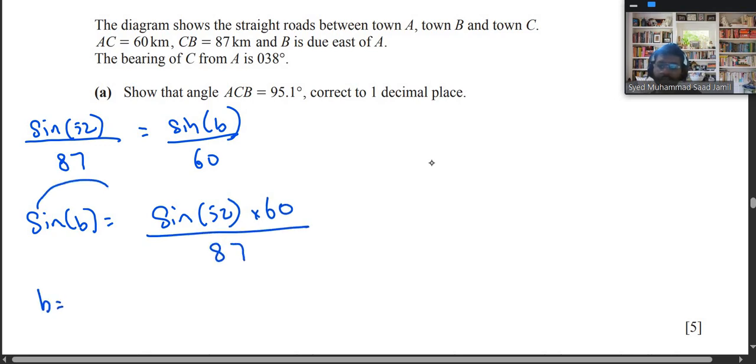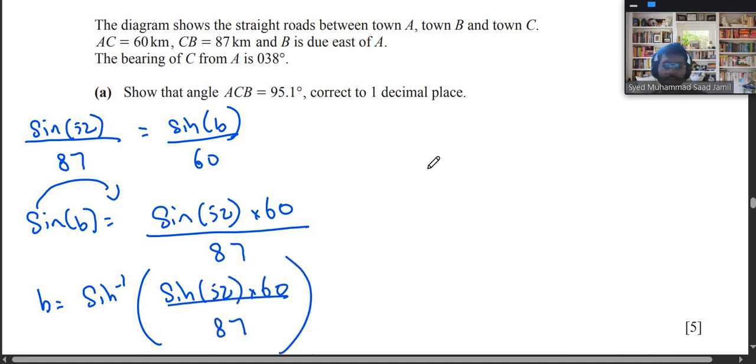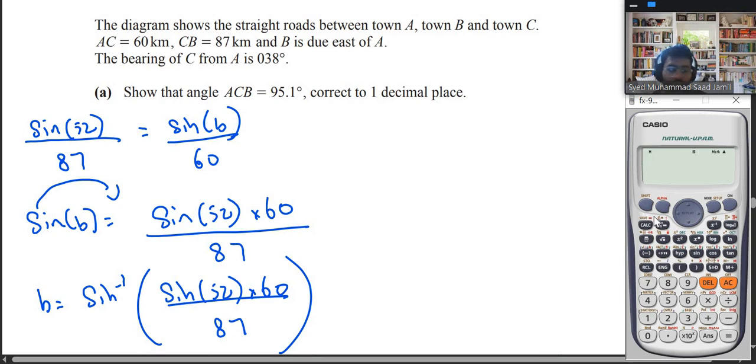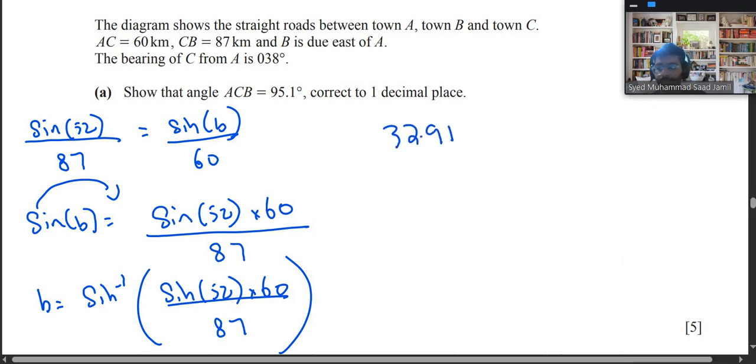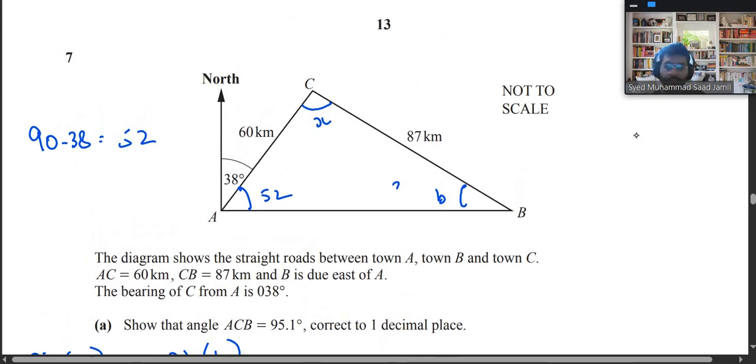B is equal to sine inverse of sine 52 multiplied by 60 upon 87. This becomes 32.91. So we got this as 32.91, but this is not our answer. We want to find x.